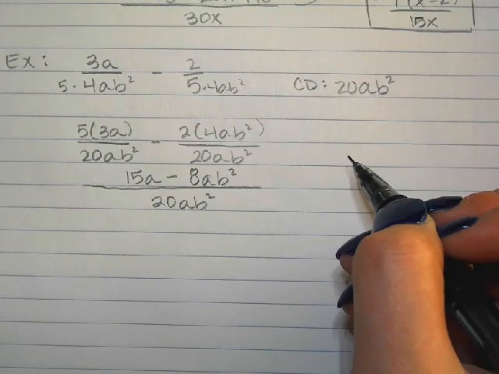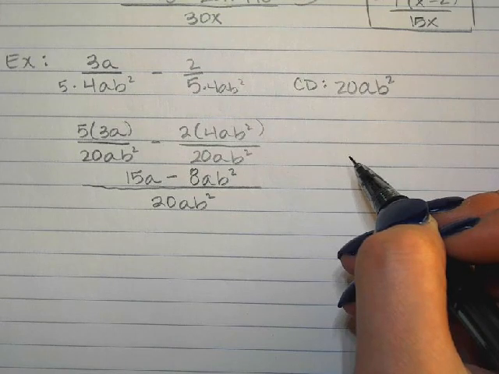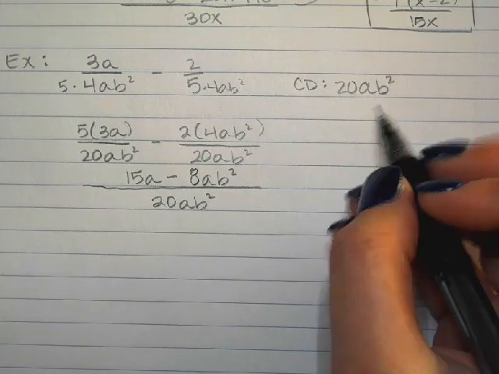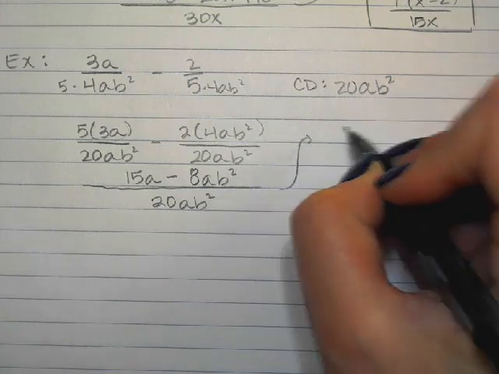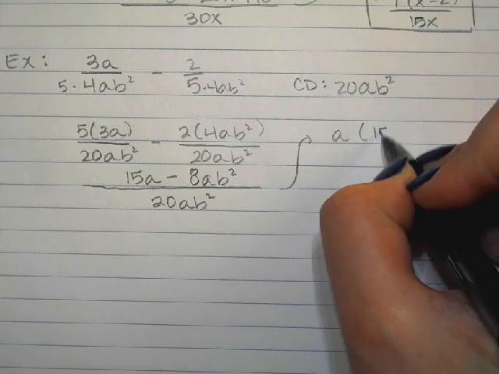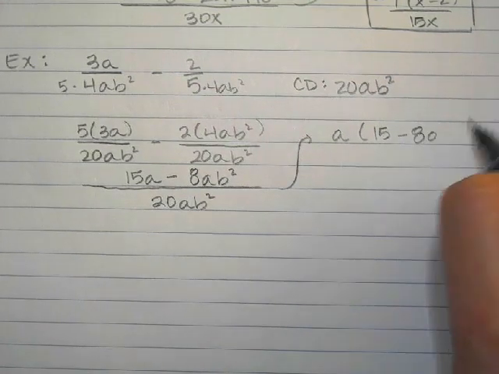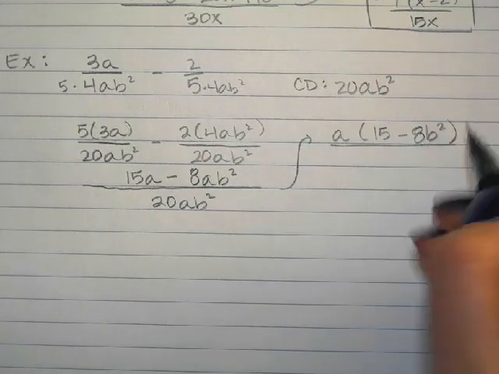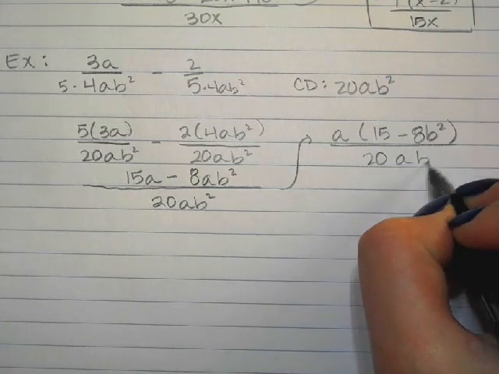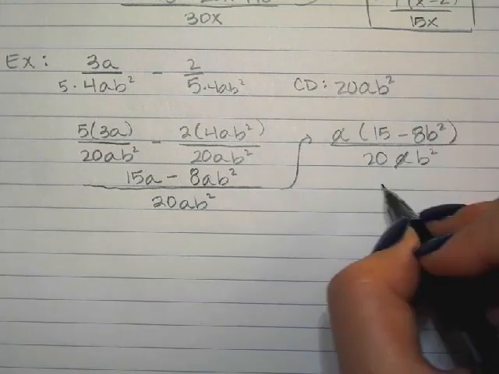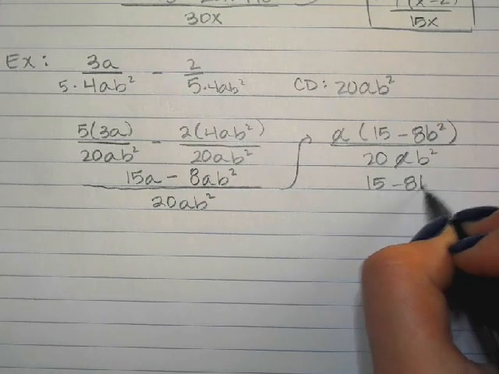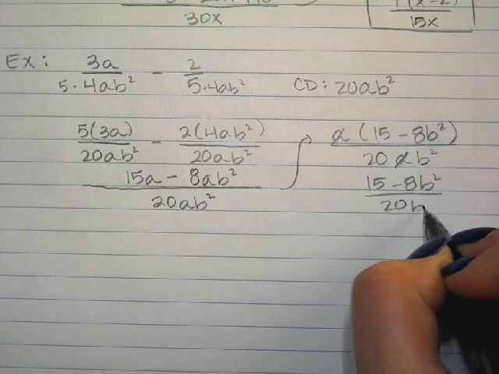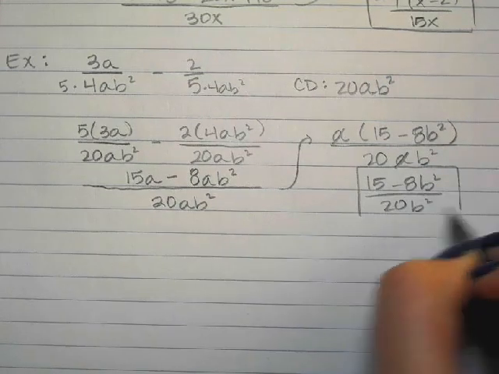And if you look at the top between 15 and 8, there's not a number in common, but between a and ab squared, you can definitely factor out an a. So I'm going to say a times (15 minus 8b squared), since I took out the a. And then on the bottom, I have 20ab squared, and the a's will cancel. So (15 minus 8b squared) over 20b squared would be our final answer.